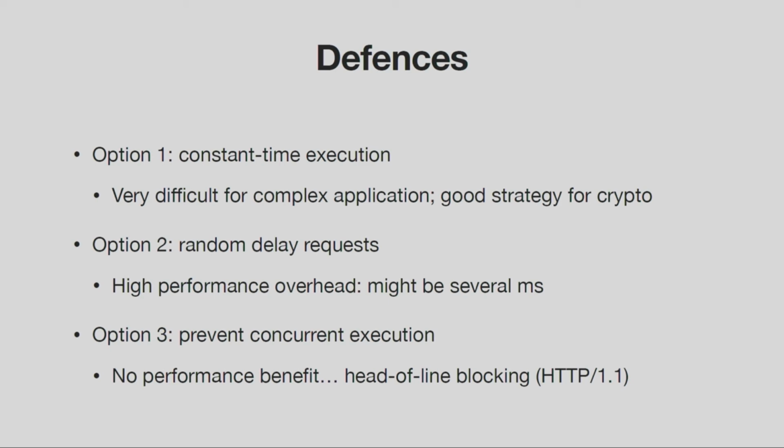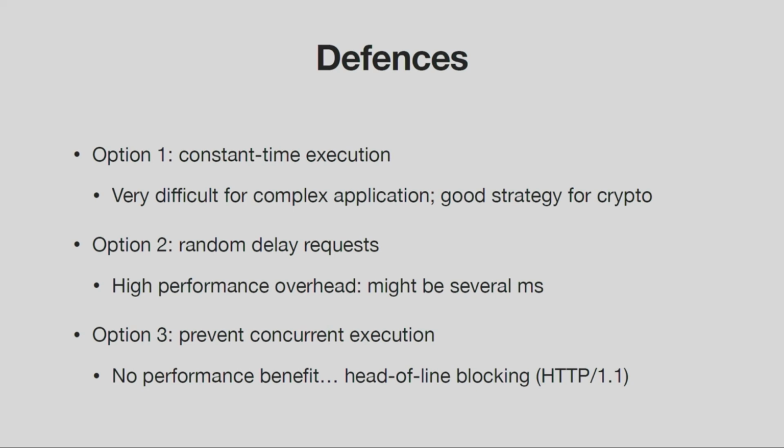But unfortunately, what we saw is that the overhead can become quite high. It could be several milliseconds on a single request, and then you would have to do it on every request. So this means that just to protect against these timing attacks, you would have to delay many requests. So I think this is also not really an optimal solution.